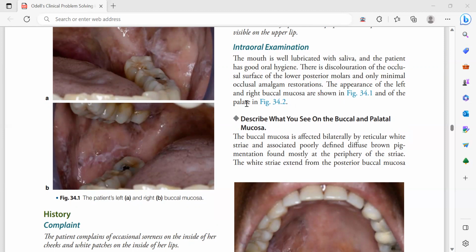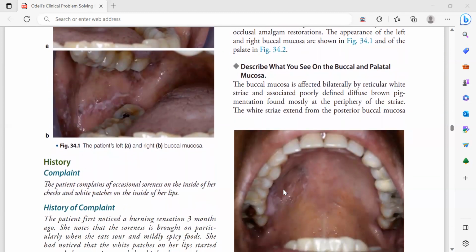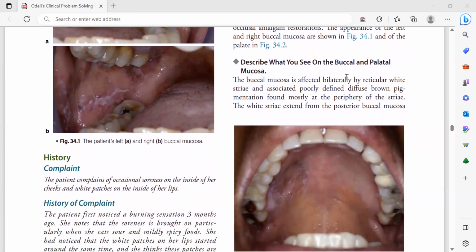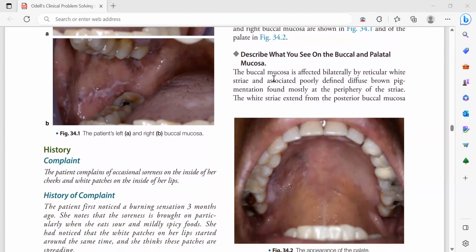The appearance of the upper left and right buccal mucosas is shown in figure 34.1, and of the palate in 34.2. Describe what you see on the buccal and palatal mucosa.